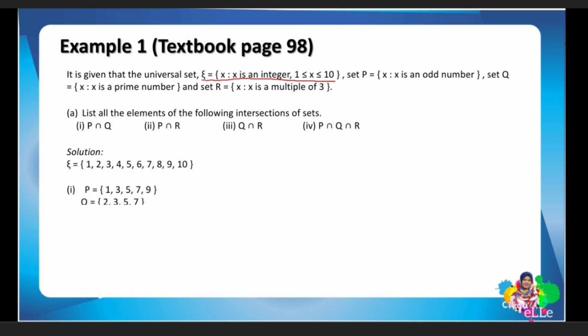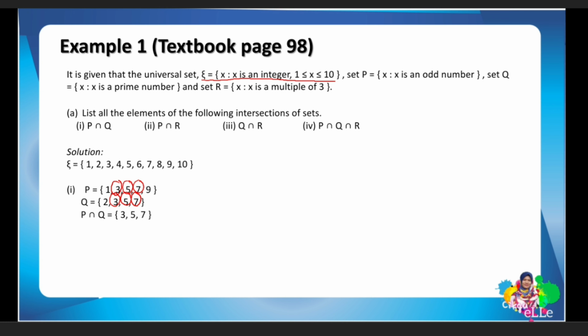Set Q, the prime numbers in the universal set. Therefore, P intersection Q is 3, 5, 7. Why? Because the common elements between P and Q are 3, 5, and 7.